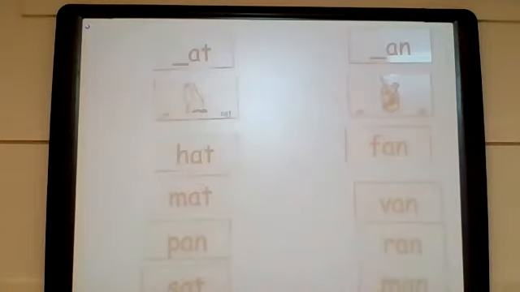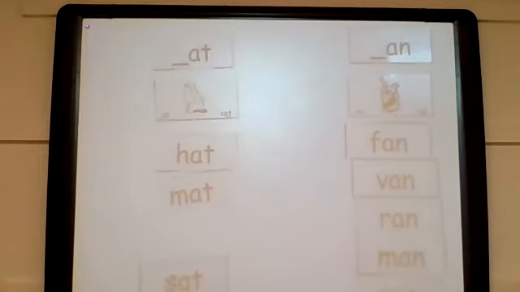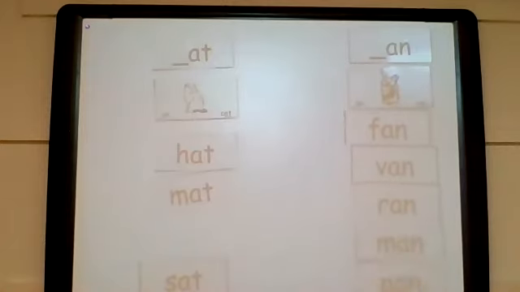We're running out of space here. But then when we go to check our work, this is when we hope that they're going to catch their mistake. So here we have cat, hat, mat, pan, sat. And usually when they're checking their work, they'll realize that pan should go under can, and so they'll make the correction.